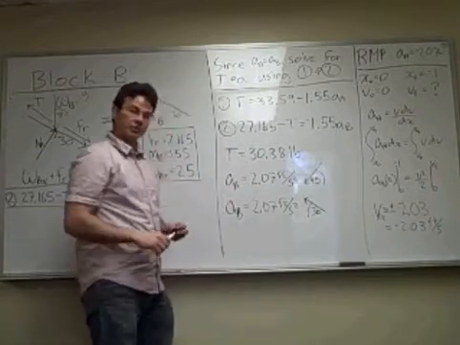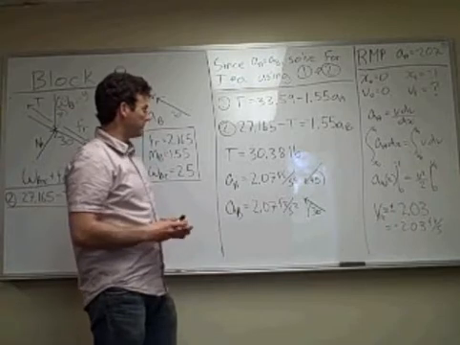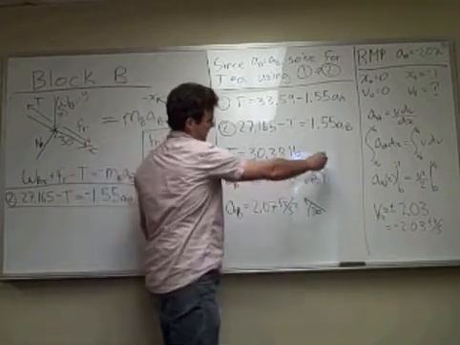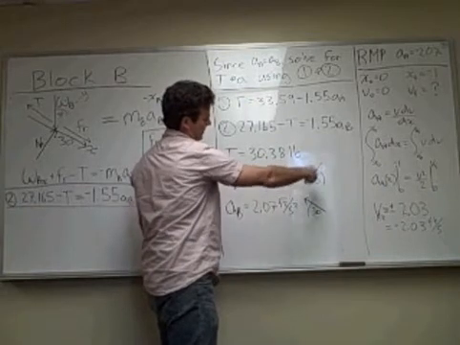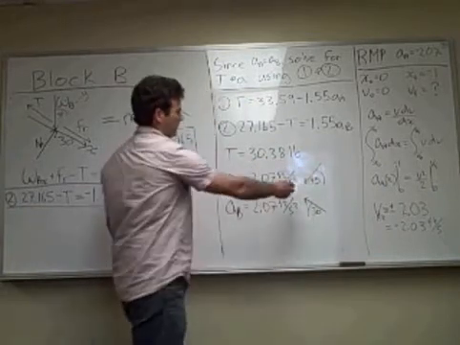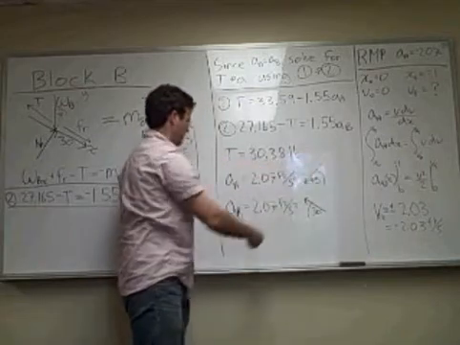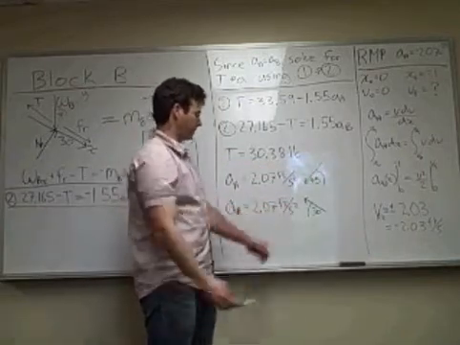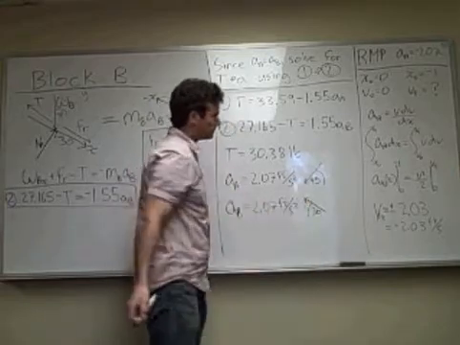The acceleration equals 2.07 feet per second squared, and just designate the direction that it's going with the 45-degree angle in the arrow. And B is 2.07 feet per second squared in this direction.